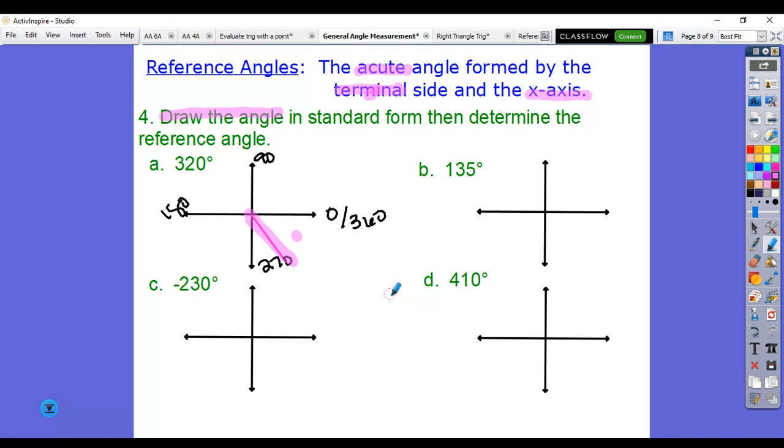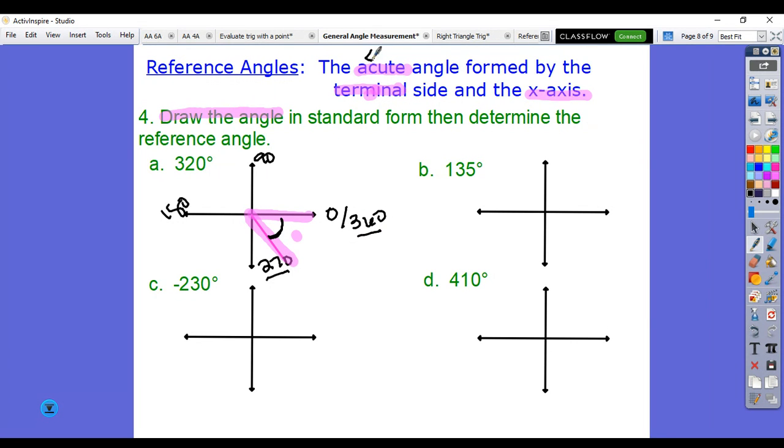Now, there's two parts to the x-axis. The right side is the positive side, the left side is the negative side. Which part of the x-axis creates an acute angle? This angle here is the acute angle that the terminal side makes with the x-axis. I just want to know, what is this angle between 270 and 360?